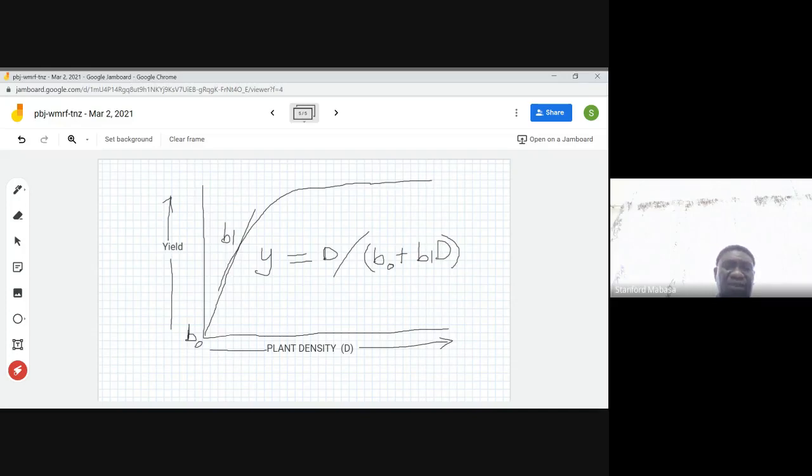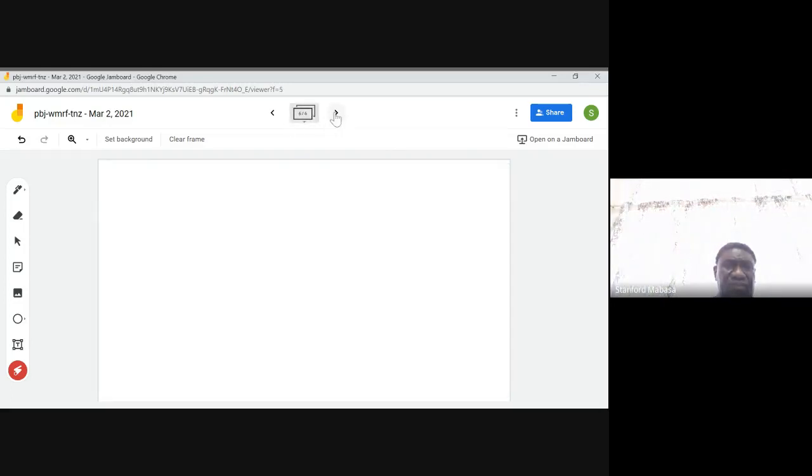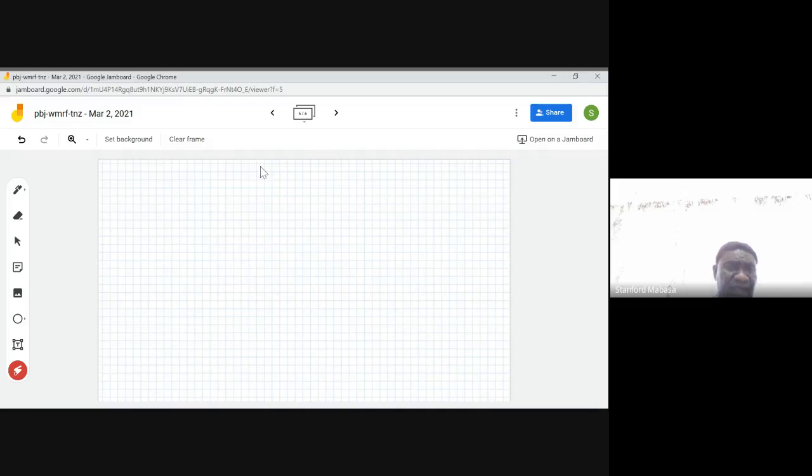If we are measuring the biomass of the total plants or their yield, we get this shape. So I draw another graph.